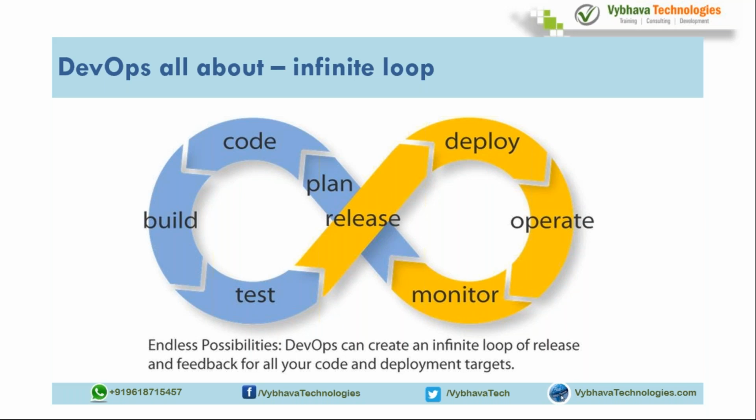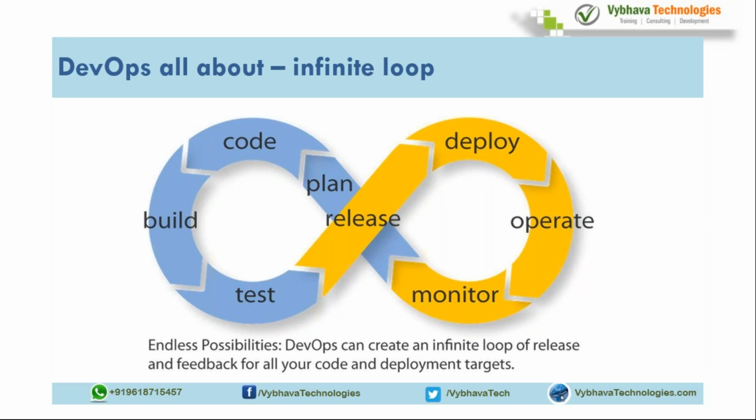So there are endless possibilities in DevOps. A developer can monitor, operate, and deploy. Or an operator can code some changes, or look into the programs. They can change some SQL programs or Java programs. They can also understand, plan, and test it. So these are the endless possibilities in DevOps.